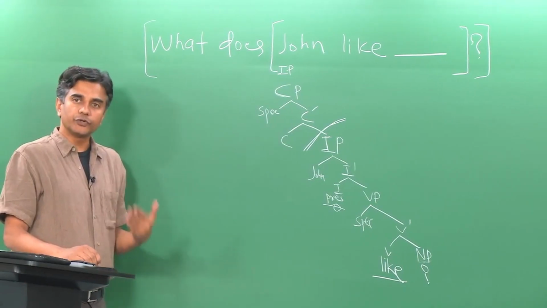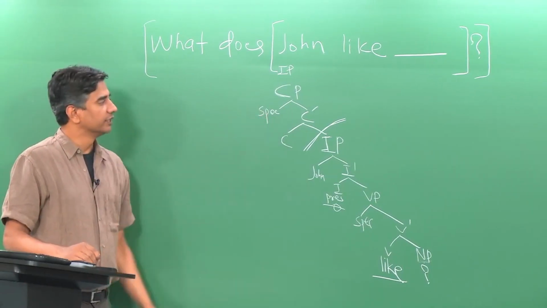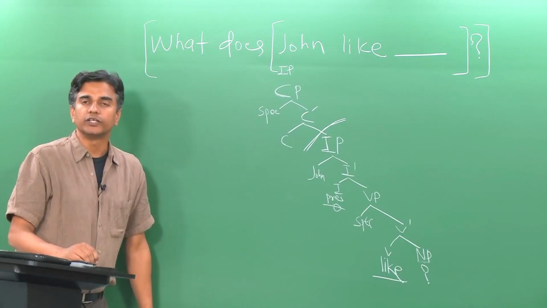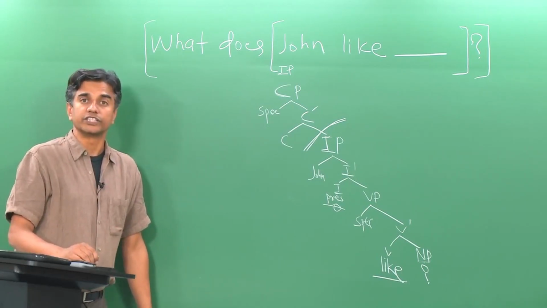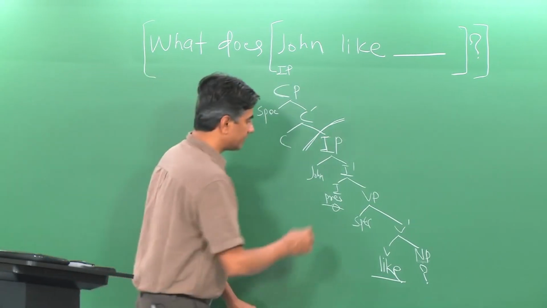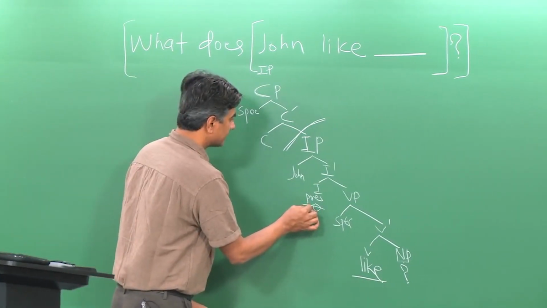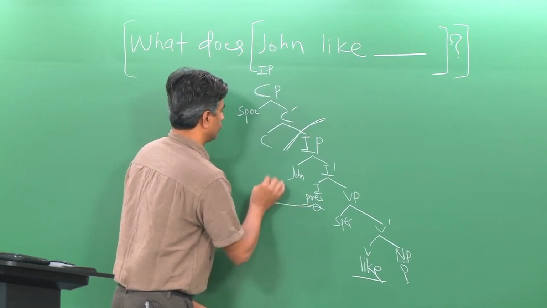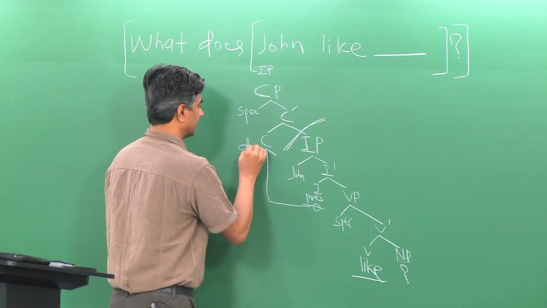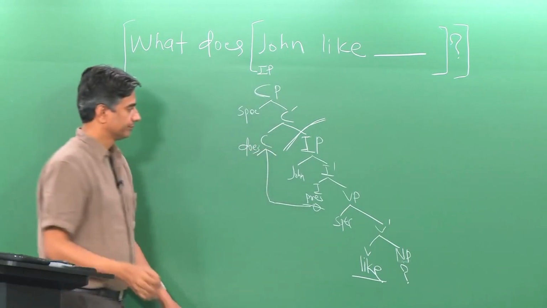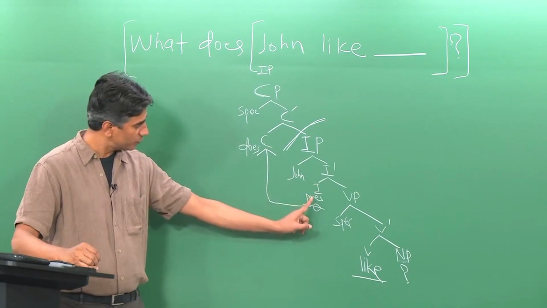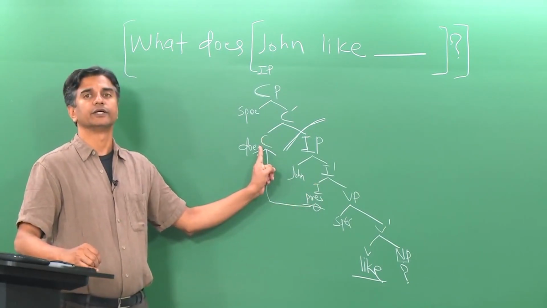And therefore, we have introduced the notion of CP to show that the displaced elements have moved to a different position, which is certainly beyond IP. So what we say first is this tense has moved to this place, and therefore we get something like does. Because tense occurs in a head position, it has moved again to another head position, which is C.